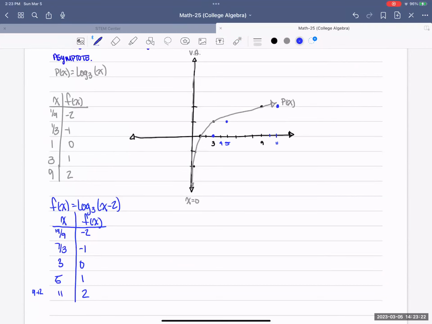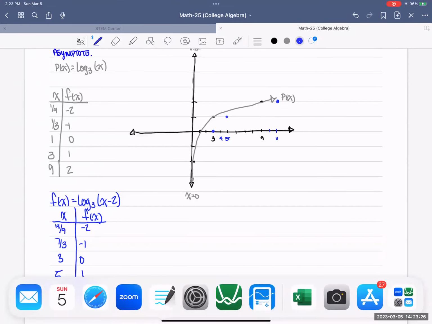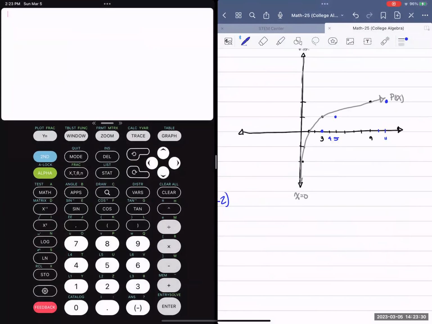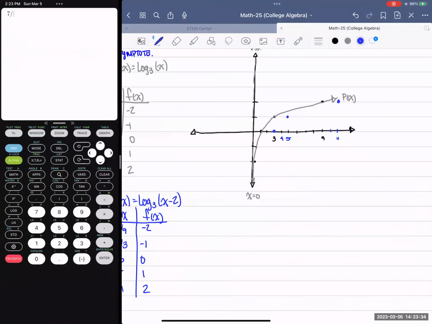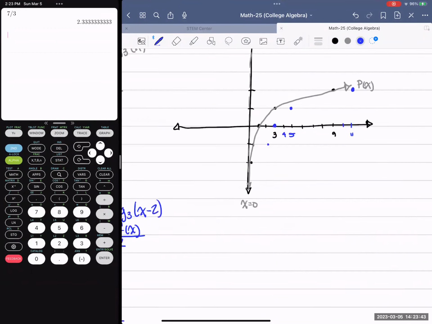When we input 7 over 3, let's see what the calculator gives us: 2.33. 2.33 is about here.